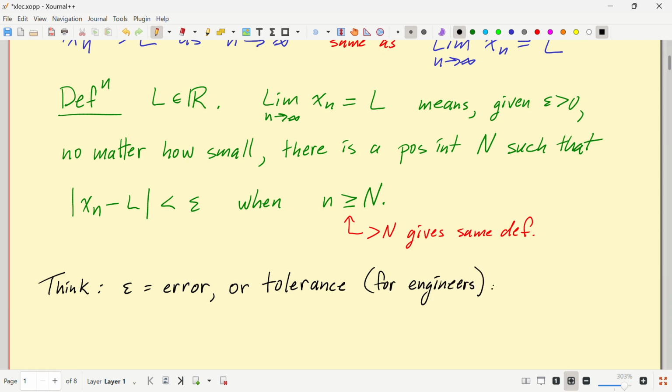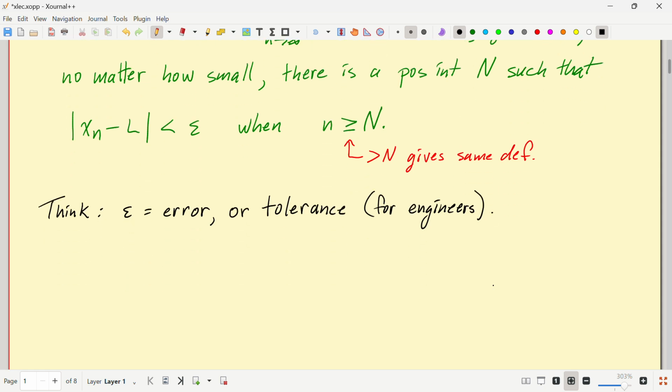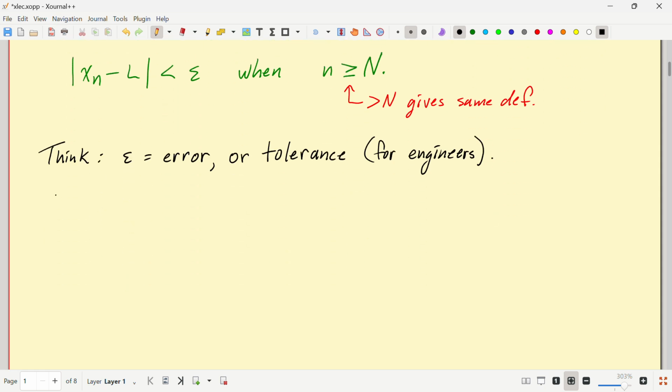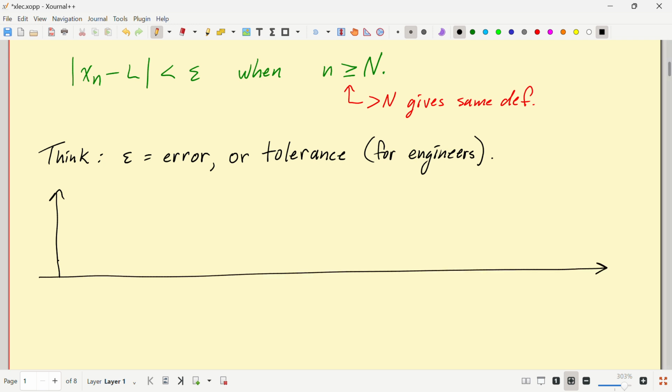Okay, and I guess I'd like to draw some pictures here. Here's one way to think about it. I always think graphically. So here's a big long real line, and I'll have here the integers 0, 1, 2, 3, 4, 5, dot, dot, dot.